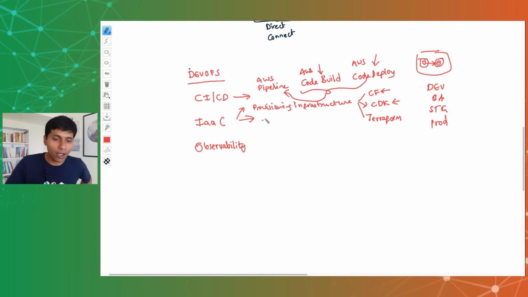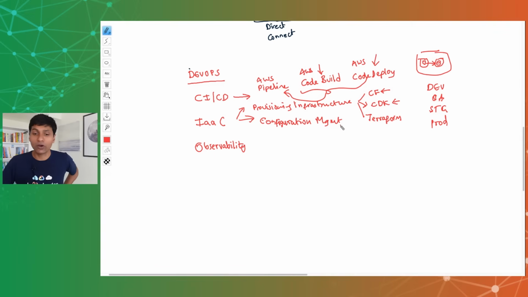The other option you can also make use of in infrastructure as code is configuration management. What is configuration management? Let's say I have 100 VMs. I would want to install a security patch on them. Or let's say I have a lot of VMs on which I would want to update the application software. In those kind of situations, we make use of configuration management.